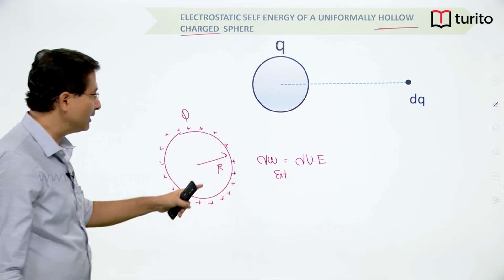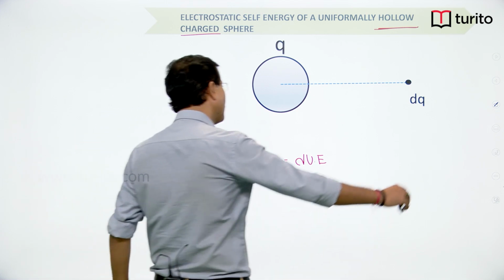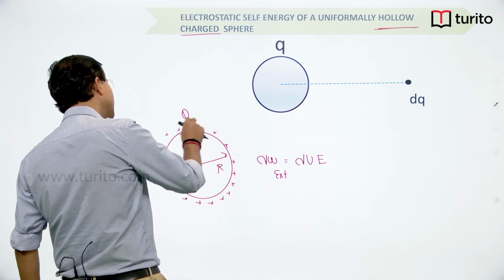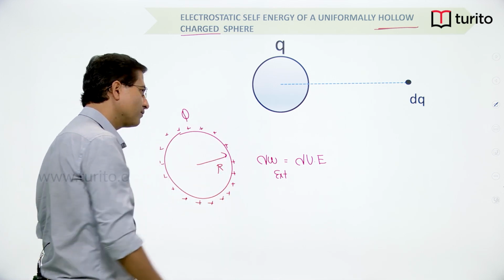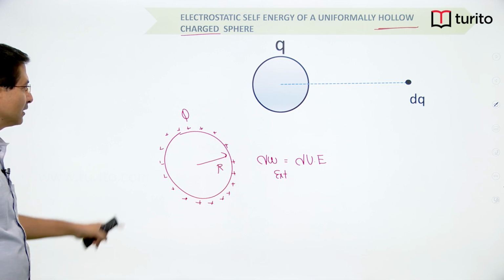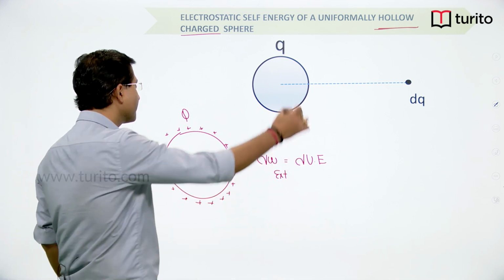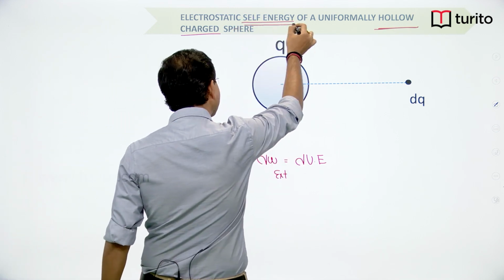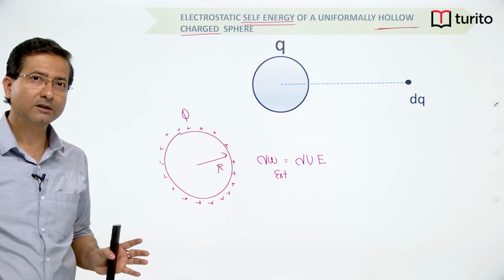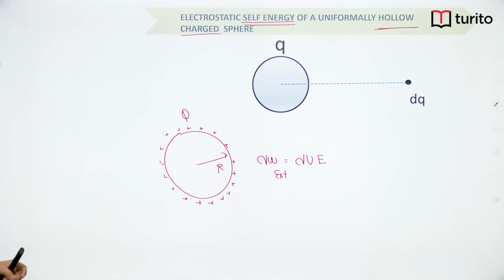So if I calculate how much work I am doing in bringing all the dq's from infinity and distributing it over the surface of the hollow sphere, then I will get the energy associated with this system, that I call self energy, right. So I hope the procedure is clear, right, how to reach the self energy expression.